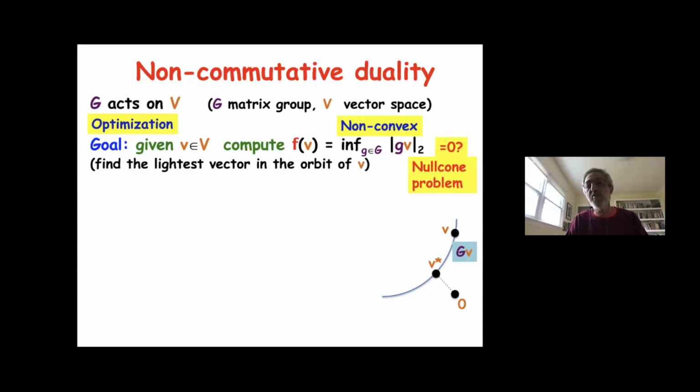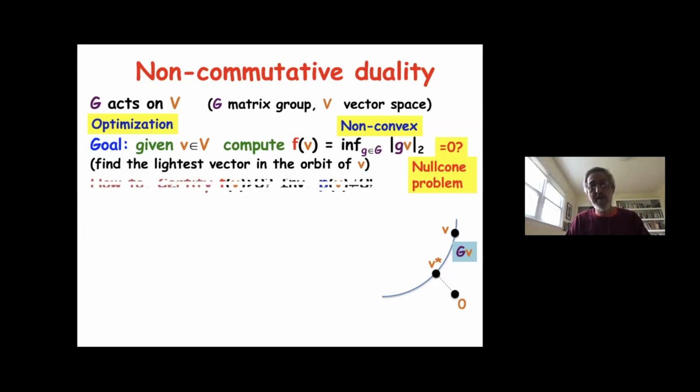For every epsilon you give me, I can give you a certificate that the norm is smaller than epsilon. So here's a question that complexity theorists would ask: how do you certify that maybe the answer is not 0, so it's positive? How do you certify it? You already said it's bigger than 0 if and only if some invariant polynomial is not 0, but this is a very expensive certificate.